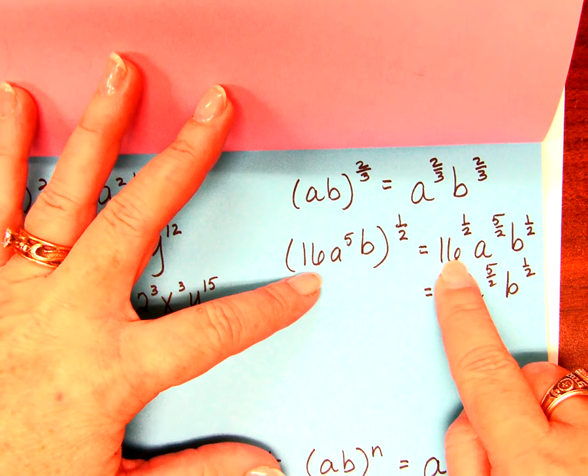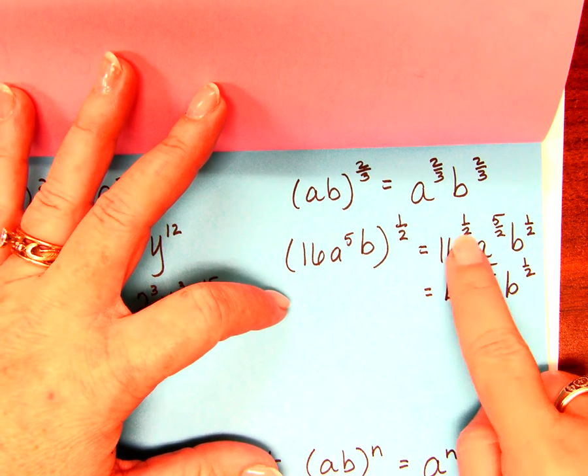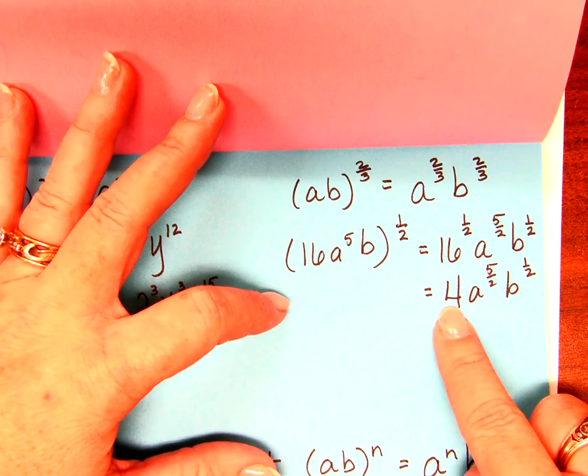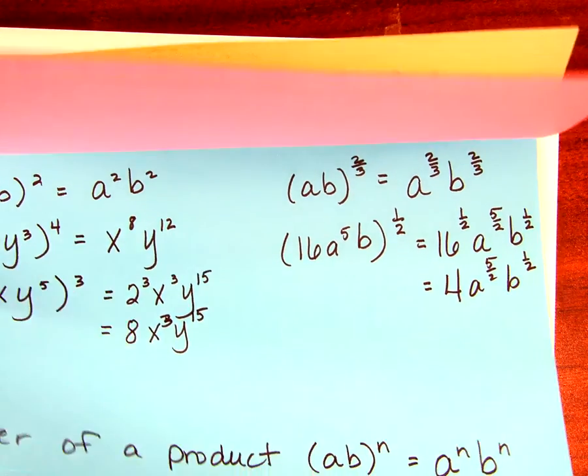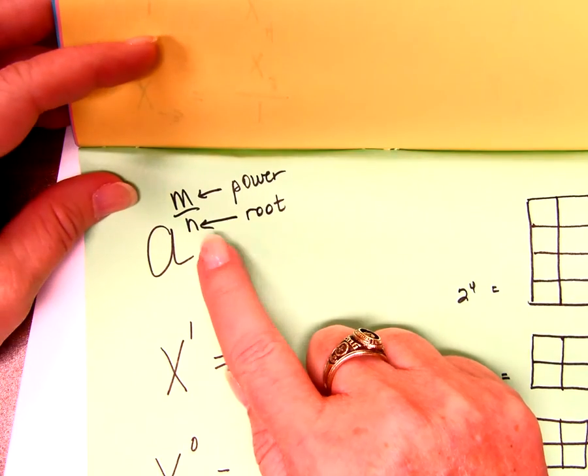From when we went here to here, what did we do? 16 to the 1/2 is the same as what? The square root. Because on the very last page of our foldable, we also wrote this.